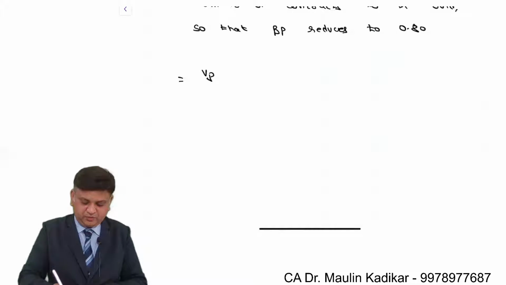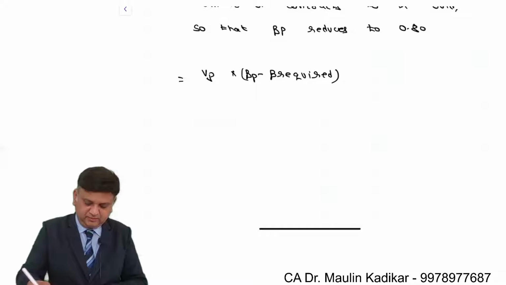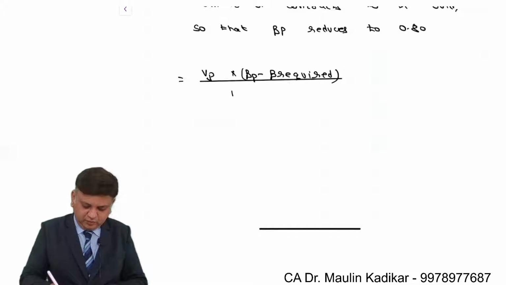So value of the portfolio into beta of portfolio minus beta required divided by futures index value into lot size.